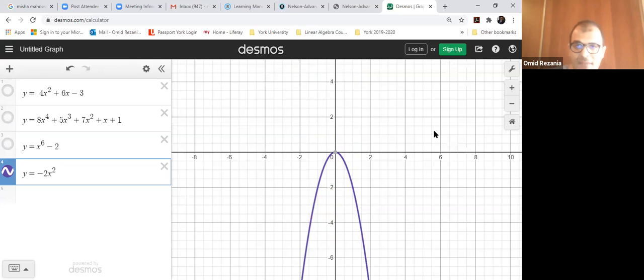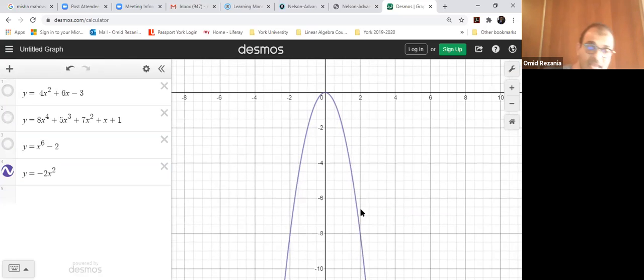Again, you will see that the functions which we have are even polynomials, because the highest exponent of the x is an even number, 2, 4, 6, 8 and so on. But the leading coefficient, which is the coefficient of the highest exponent, is negative.